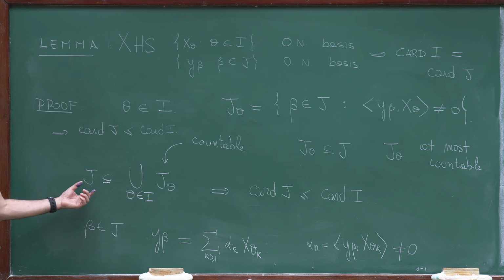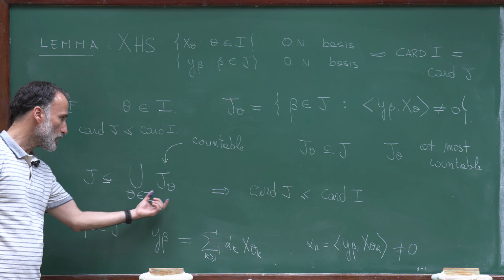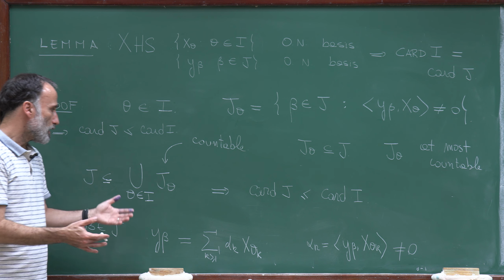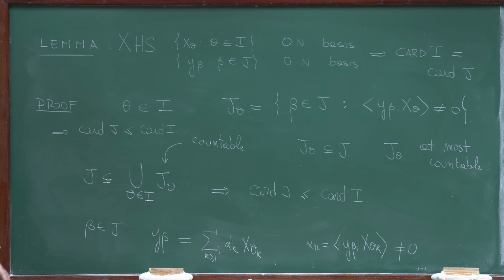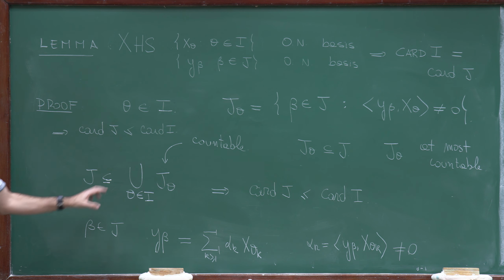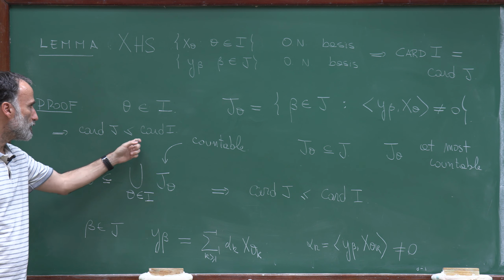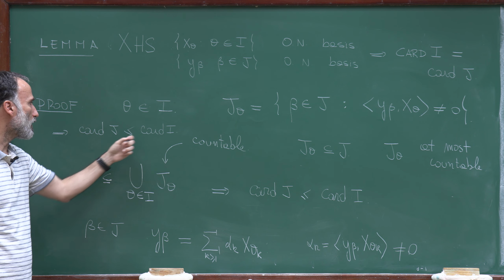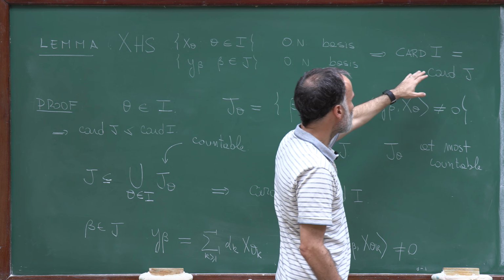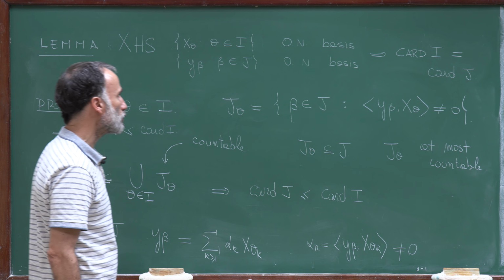Because J is contained in the union over I of countable sets. And by inverting the roles of I and J, we can obtain the other inequality saying that the cardinality of I is bounded by the cardinality of J, from which it follows that the cardinalities are equal.